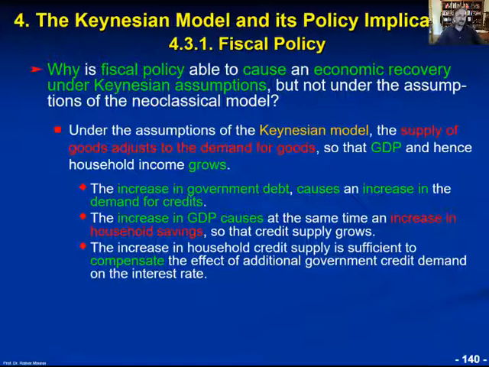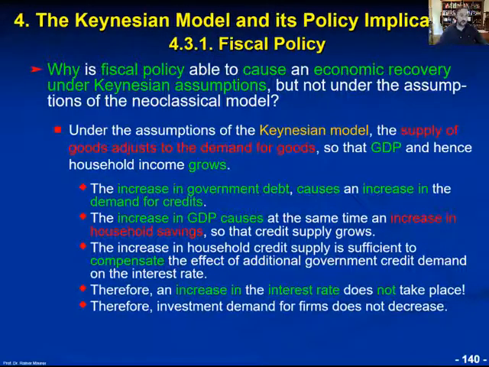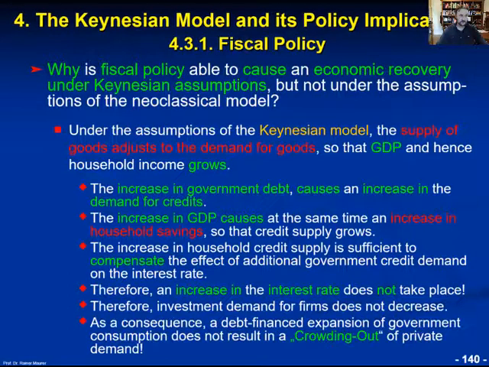The increase in household credit supply is just sufficient to compensate the effect of additional government credit demand on the interest rate. Therefore, an increase in the interest rate does not take place. The interest rate stays constant. Therefore, investment demand for firms does not decrease, and as a consequence, debt-financed expansion of government consumption does not result in a crowding out of private demand.